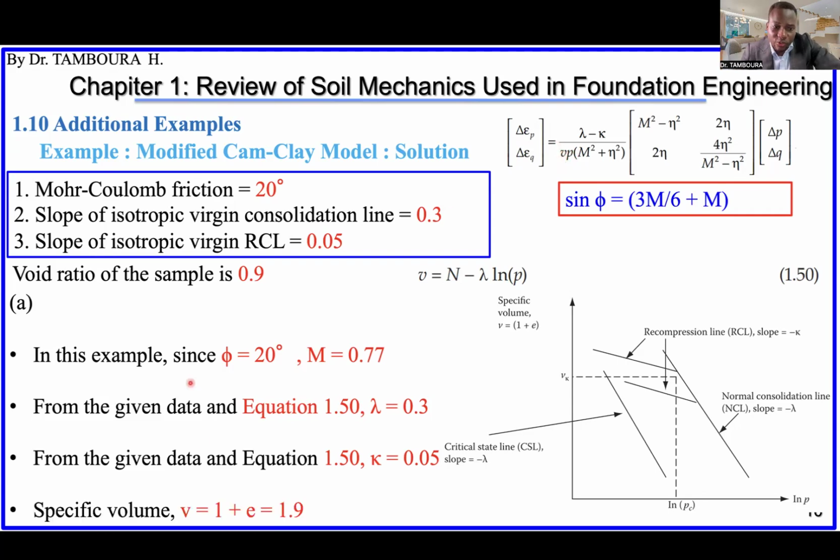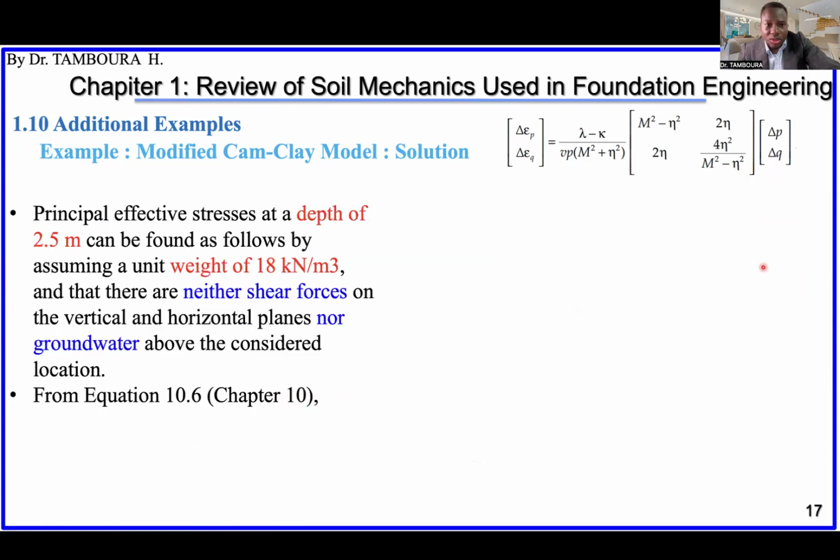Okay, and for v, since we have the void ratio, which is 0.9, v is just 1 plus the void ratio, which is 1.9. So we have this v also. Okay, so we need this one and this one, p here, and then I think it will be done.